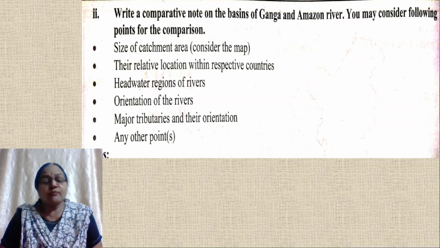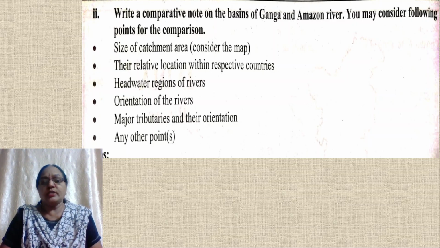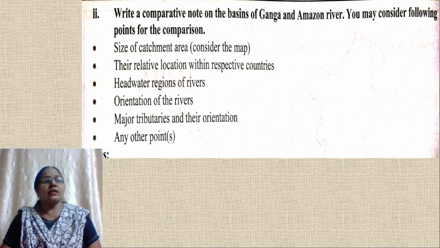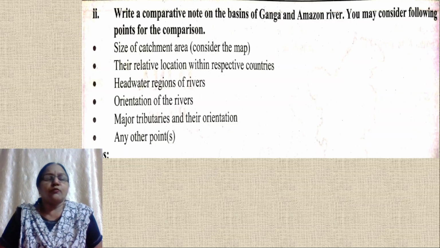Then again we have to consider the headwaters of the region, the orientation of the rivers, and the major tributaries of these rivers. Apart from that, any other points that you might consider, for example, the formation of delta in both the countries.